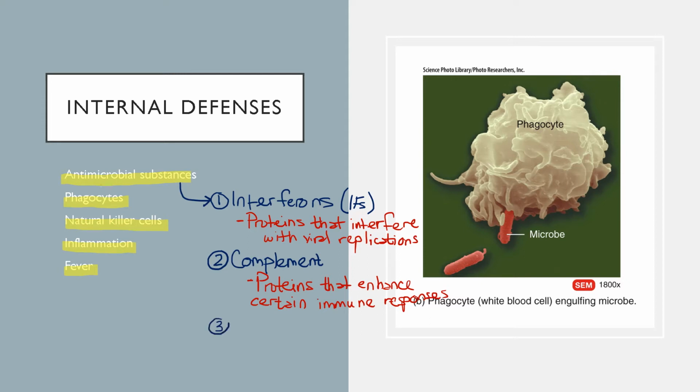Our third antimicrobial substance is iron-binding proteins. These are proteins that inhibit the growth of certain bacteria by reducing the amount of available iron, and these bacteria require iron to grow.